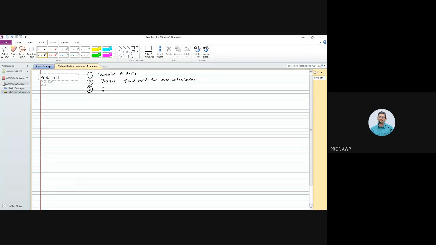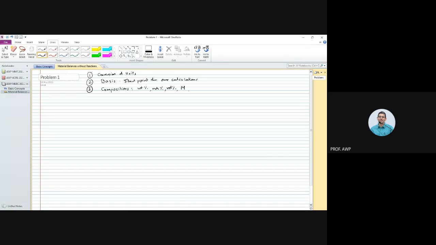Then we talked about different ways of expressing compositions. We talked about weight percent, weight fraction, if you multiply that by 100 it will give you weight percent, mole percent, volume percent.